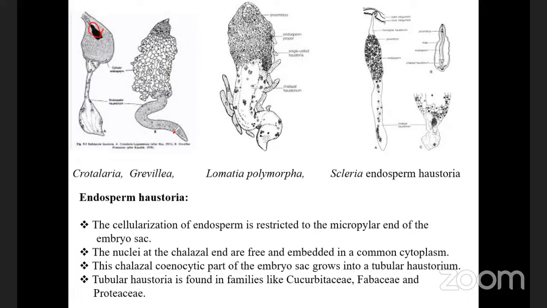Whereas haustoria in fungi absorb the nutrition from the host, like here also, it is forming projections to supply the nutrition to the developing embryo.